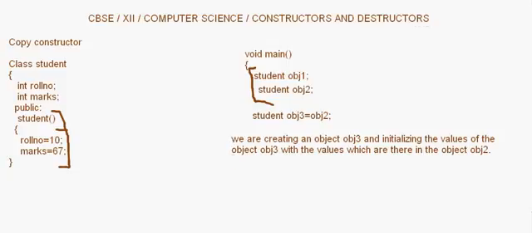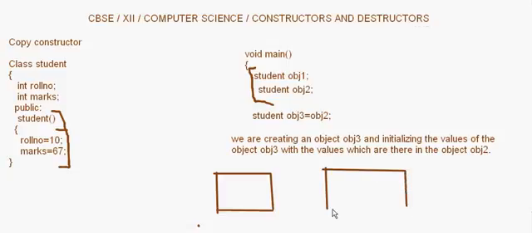So in the memory, supposing I have something like this, this is obj2 and this is obj3, right? So two objects are being made here. This I say is obj2.